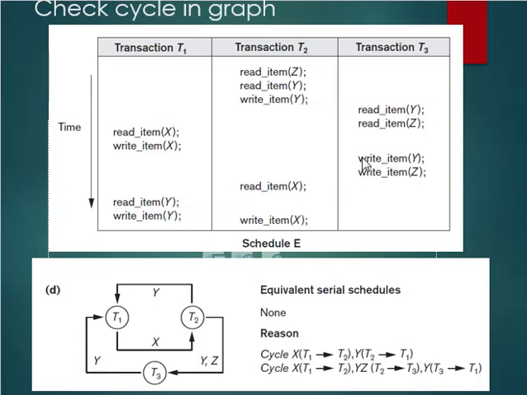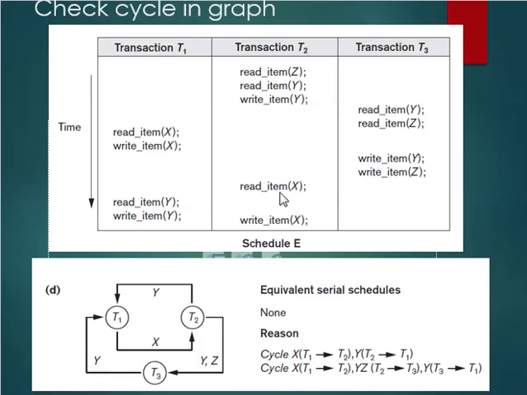Write item y in transaction T3 has a conflict with transaction T1, write item y or read item y. So we have to draw an edge from T3 to T1 on y. T3 to T1, we are plotting an edge with the label y. And next is write item z in transaction T3, but it's not making any conflict with T1 and T2, so we can leave it.